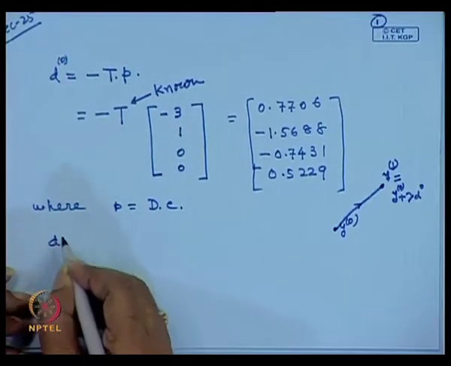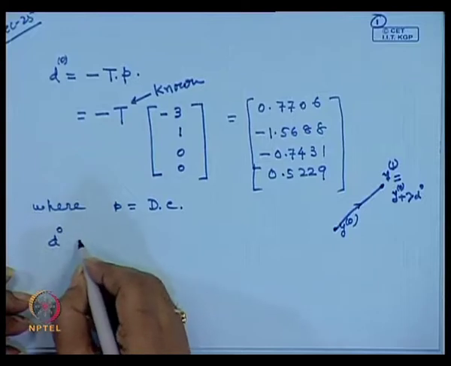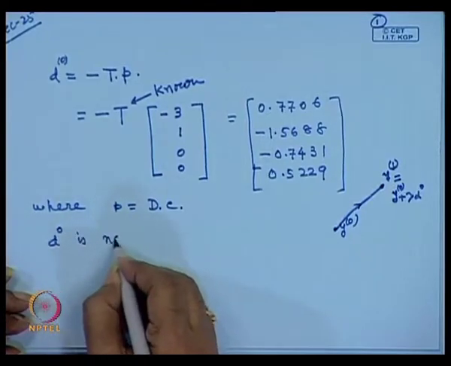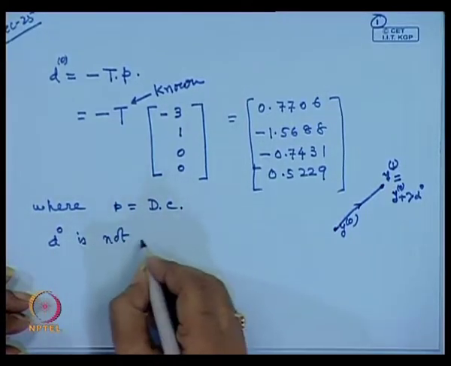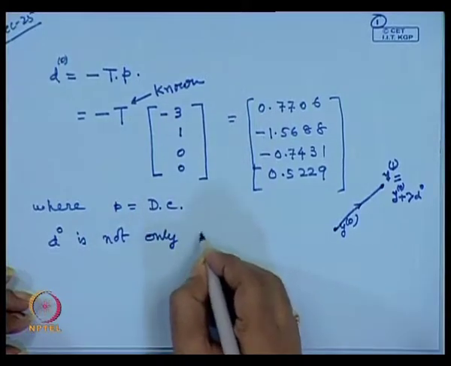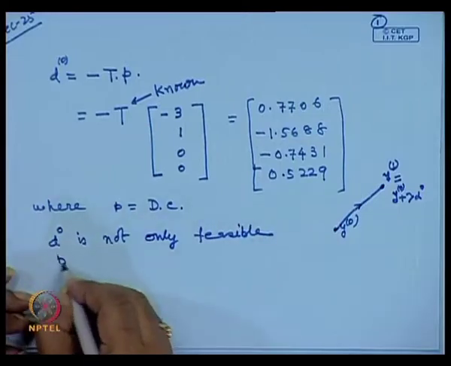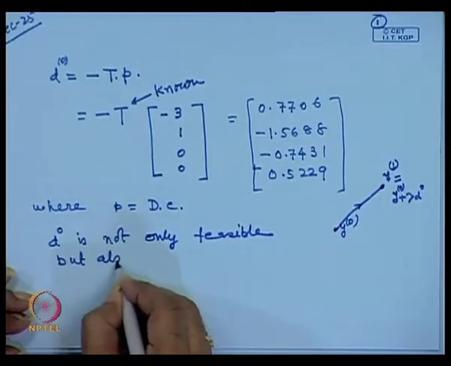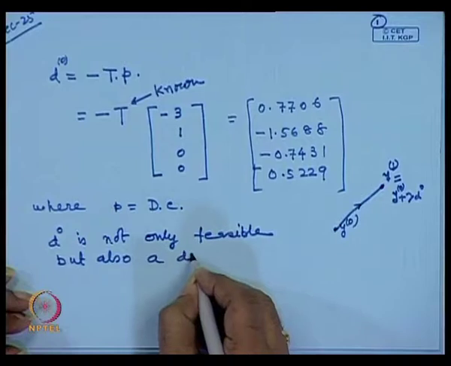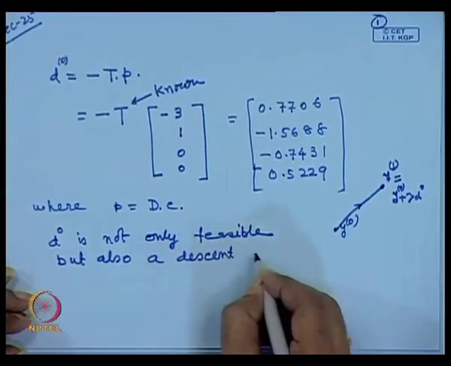Now I have to find out. You see d 0 is not only feasible but also a descent direction.